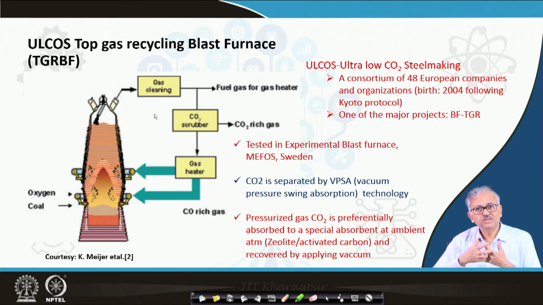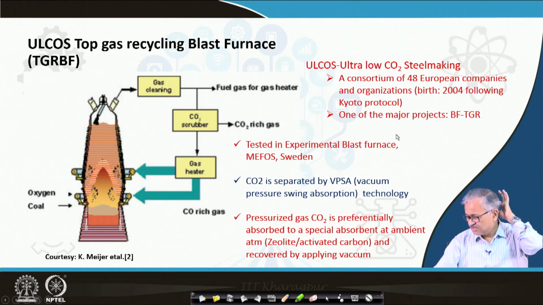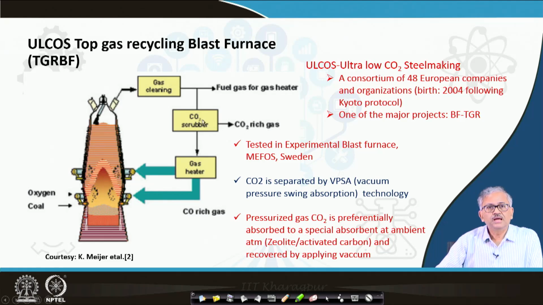What VPSA does is you keep some solid adsorbent, it may be zeolite or activated carbon, which adsorbs CO2 preferentially over CO. So CO2 will be adsorbed more onto that adsorbent, and after that you can use vacuum to extract the CO2, and that CO2 can go for storage, and the CO rich gas will come, and you can recycle it.